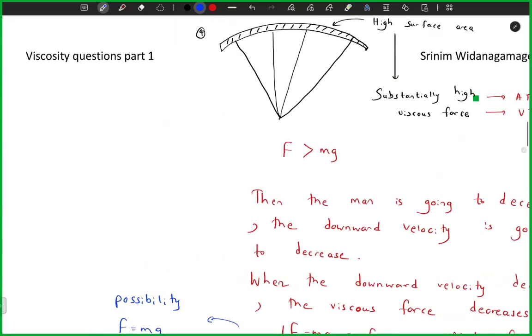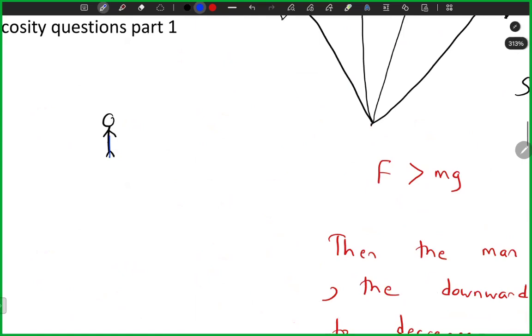So when the man lands upon the ground, what happens? There is a reaction from the ground acting, and of course the weight mg acting downwards, right? So then tell me, at that moment, what happens?